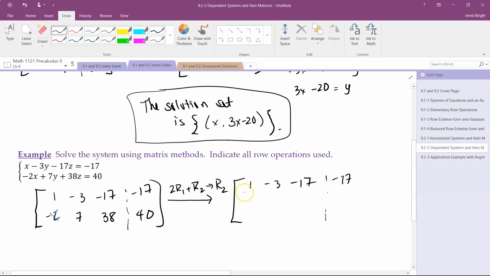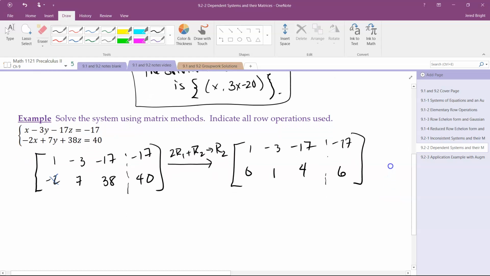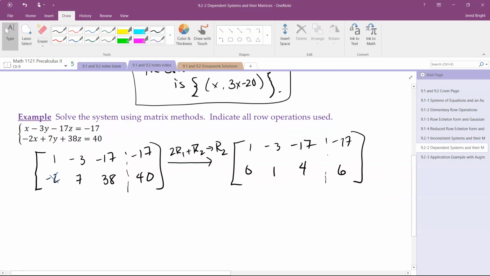Okay, and I have 1, minus 3, minus 17, and then minus 17. And if I hold all these numbers in my head, so 0, 1, 4, because negative 34 plus 38 is 4, and then similarly here I'm going to end up with 6. Okay, so that's all the further I can go. I guess I could try and knock out this 3 if I wanted to. Actually, why don't we? Let's do Gauss-Jordan.